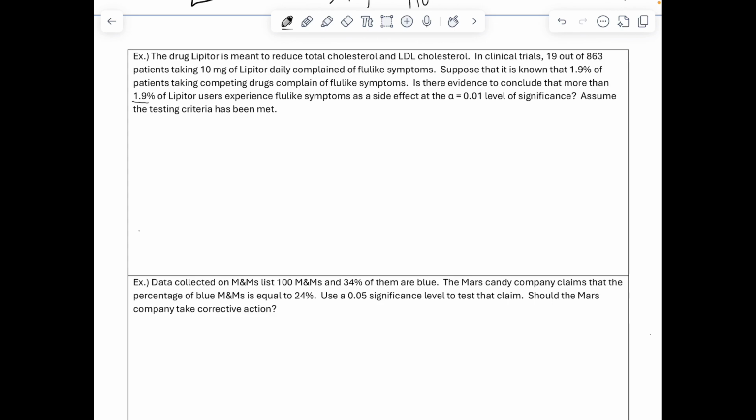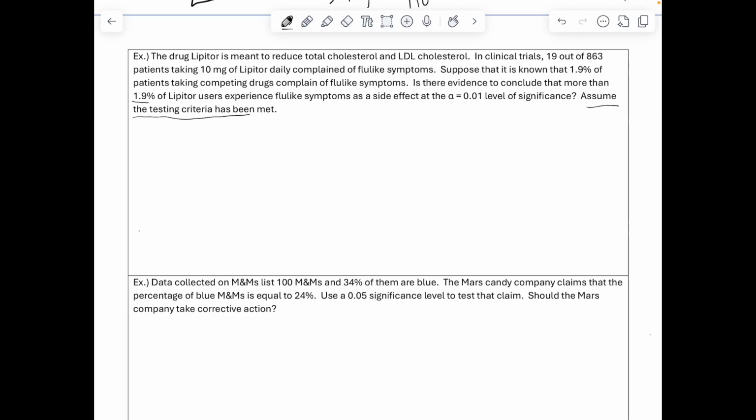Suppose that it is known that 1.9% of patients taking a competing drug complained of flu-like symptoms. Is there evidence to conclude that more than 1.9% of Lipitor users experience flu-like symptoms as a side effect? Let alpha equals 0.01 level of significance and assume that the testing criteria has been met.